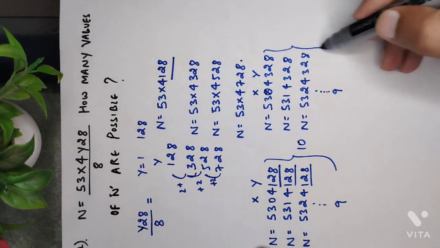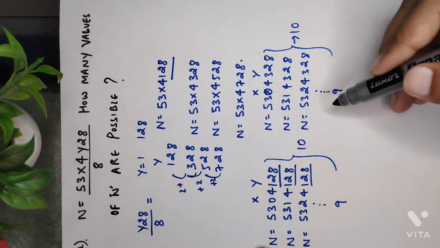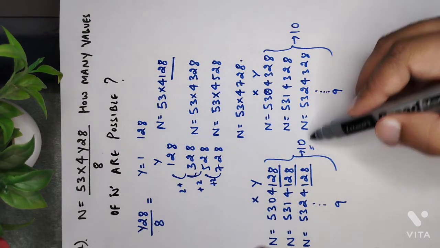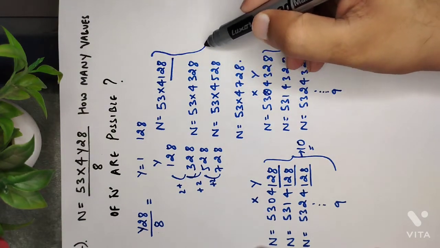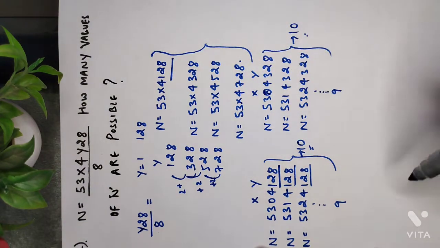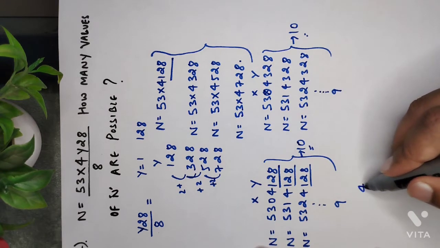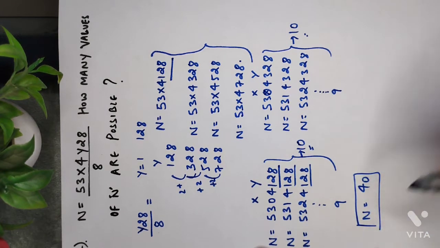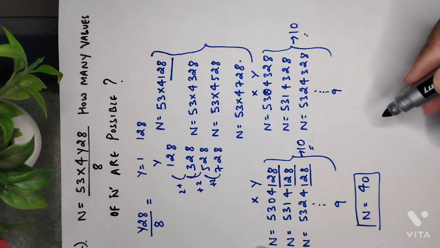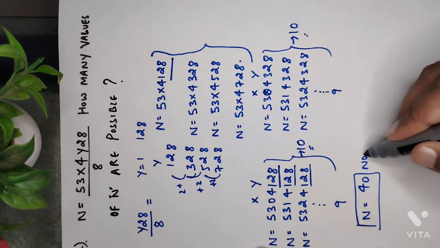So we get 10 numbers from here, 10 from here, and overall we have 4 values. So 4 values will give us 40 numbers. So the count of n will be 40. That is, we get 40 different numbers.